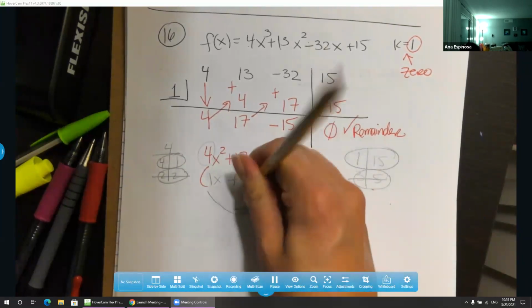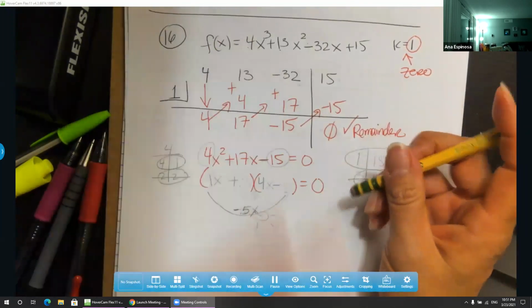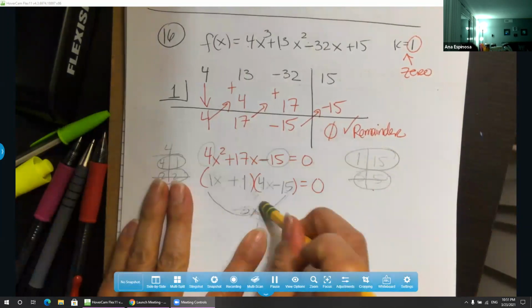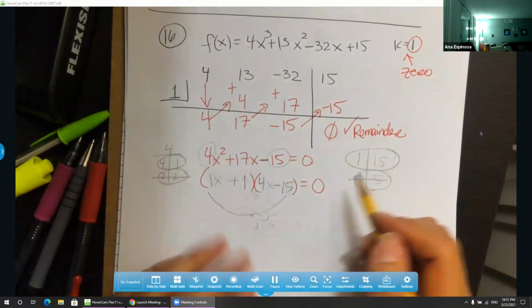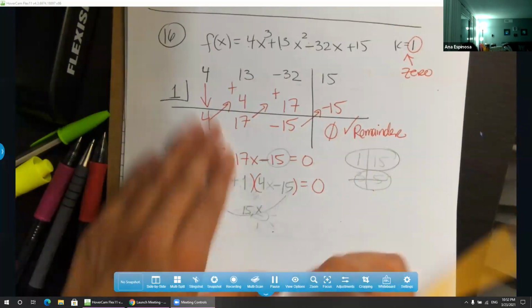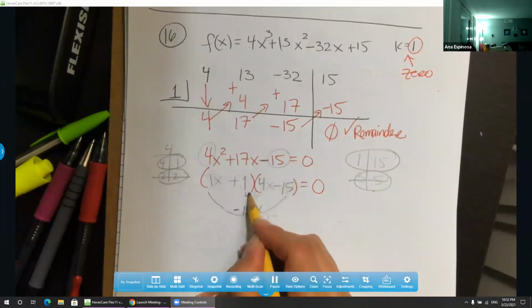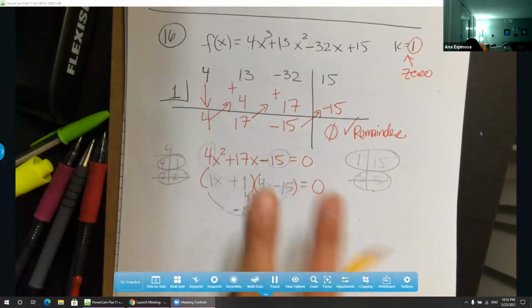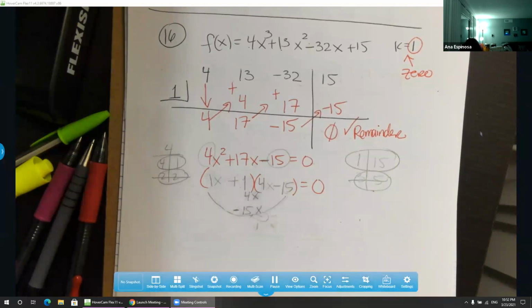That didn't work. So if I do 15 and 1, that's 15x negative, and that's 4x negative 11. If I swap these two, this number is way too big. So I don't think it's factorable. I think we're going to end up doing quadratic formula.